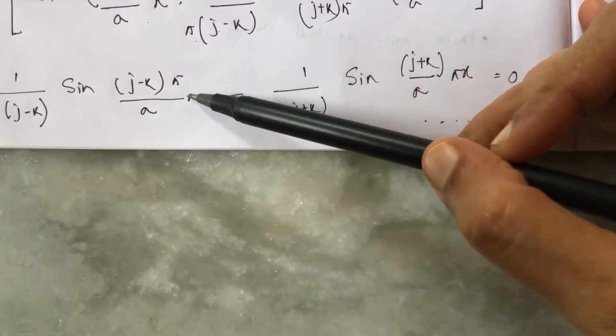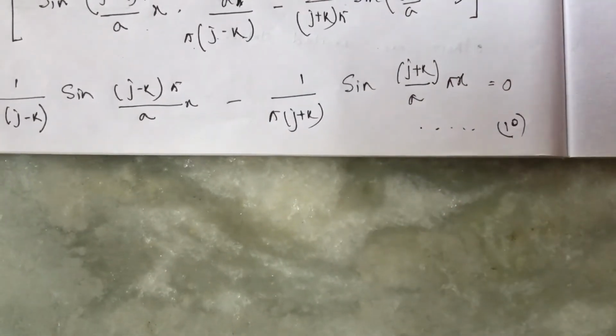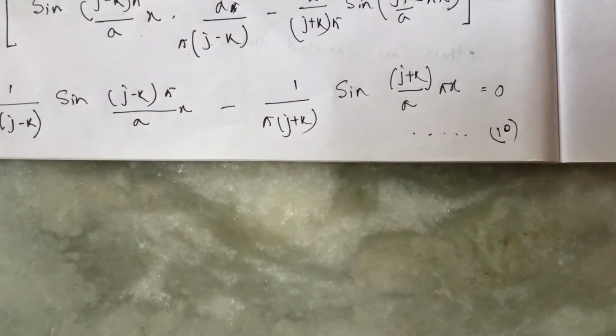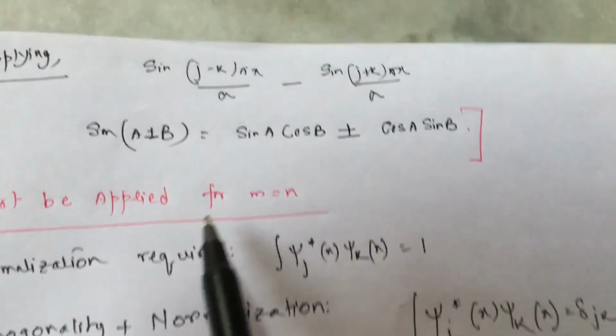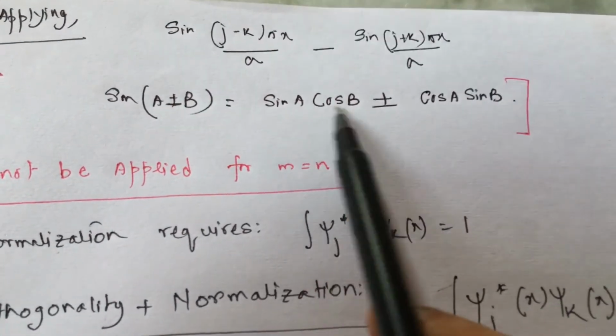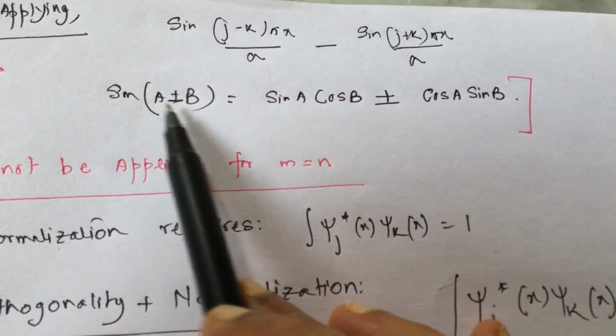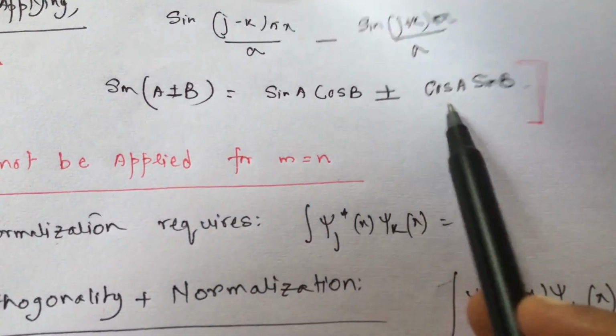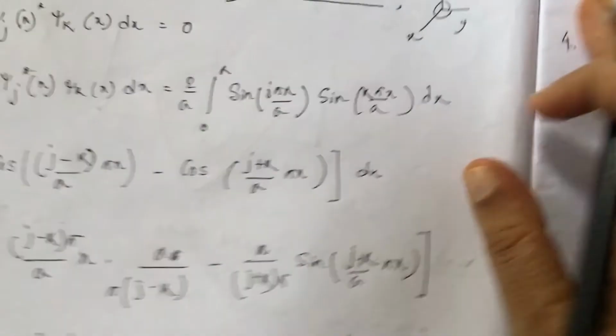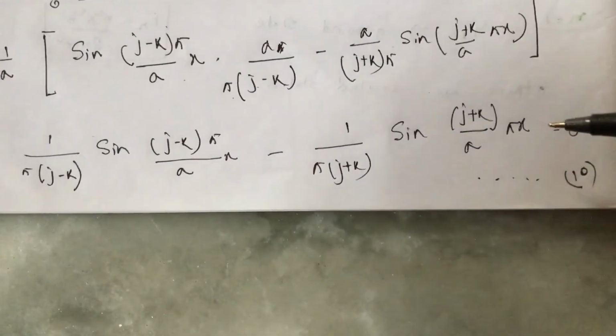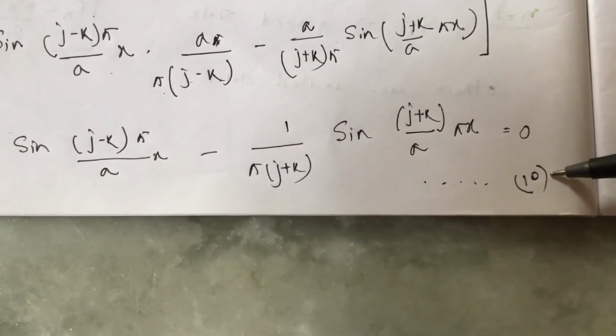I have just applied sine a minus b, if I just use this formula, that sine a plus b equal to sine a cos b plus cos a sine b, and sine a minus b equal to sine a cos b minus cos a sine b. So that will give me that this expression should turn up into 0, and this is my equation 10.